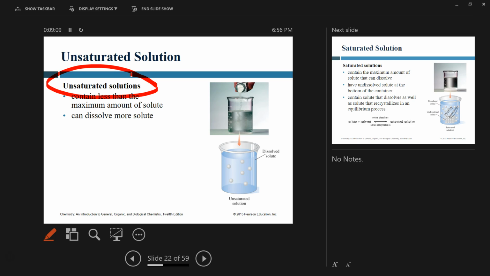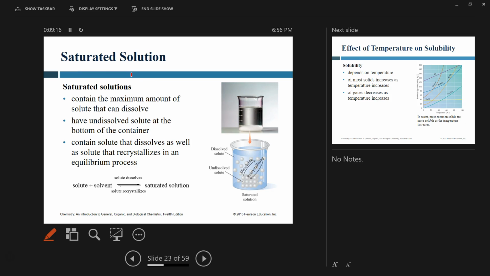Okay? It's so saturated. Does that make sense? So, essentially, saturated solutions contain the maximum amount of solute. So if you keep adding, the solute will stay at the bottom.